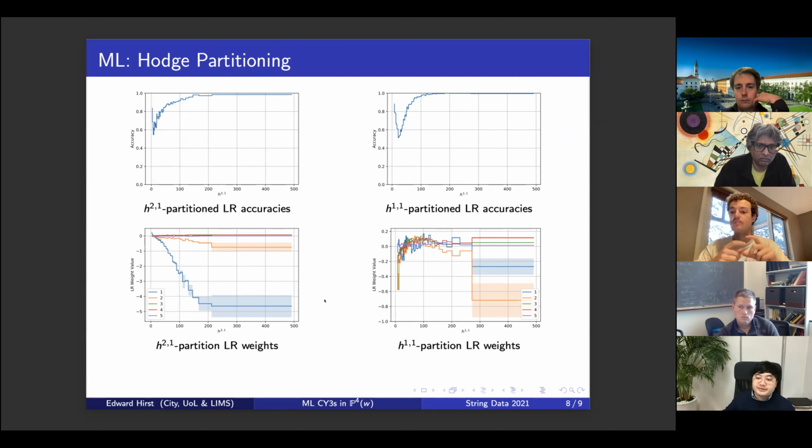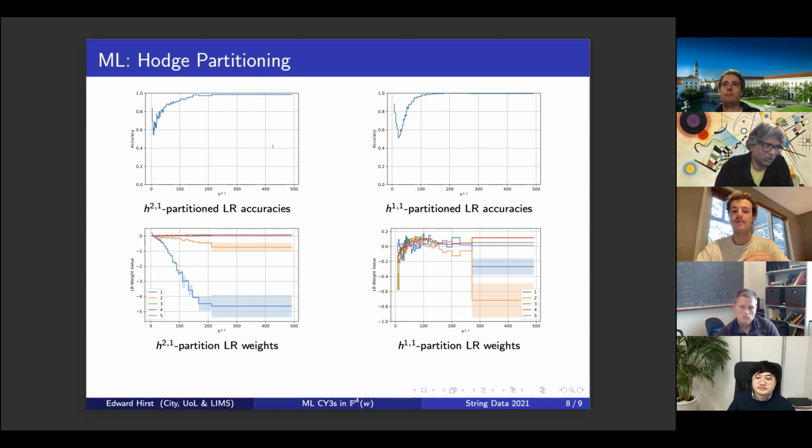And then within each bin, we sample, in this case, random. We're partitioning the data according to its H21 value. And then we have 100 Calabi-Yau 5 vectors per bin, and we add another equal amount of non-Calabi-Yaus.